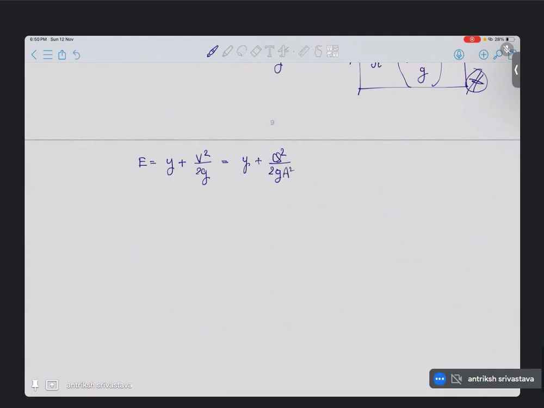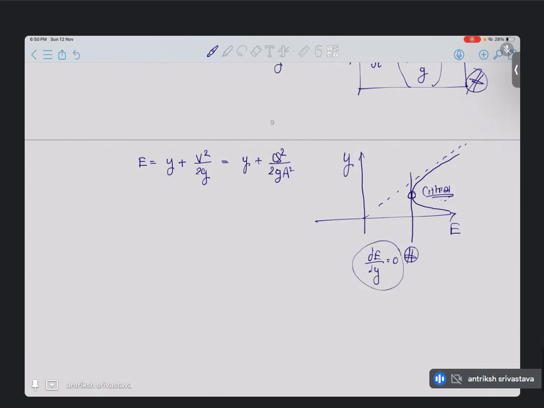Now, from this diagram, the depth versus specific energy diagram, we have seen that this point is called the critical point. And at this point, dE by dy is 0.